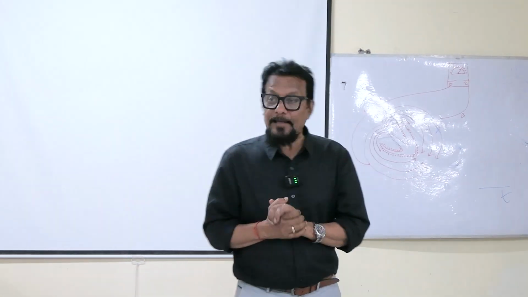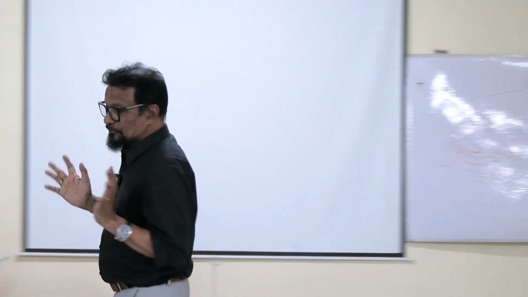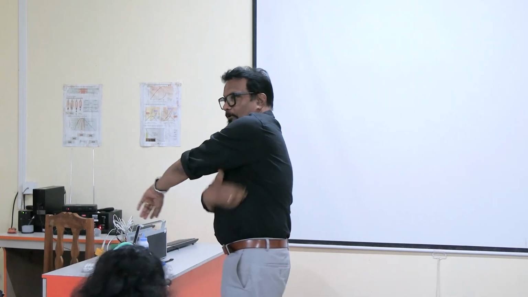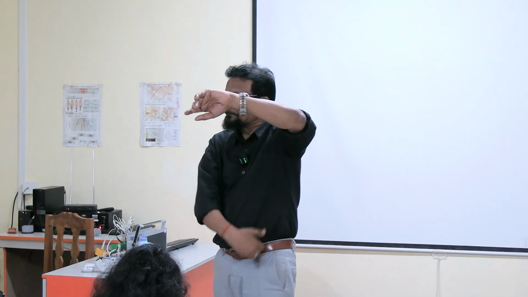Now two positions are left, B5 and B6. What is the position of B5? The position of B5 is the same fifth intercostal space, but here this is my axilla. This axilla has three borders: the anterior border, the posterior border, and the midline.